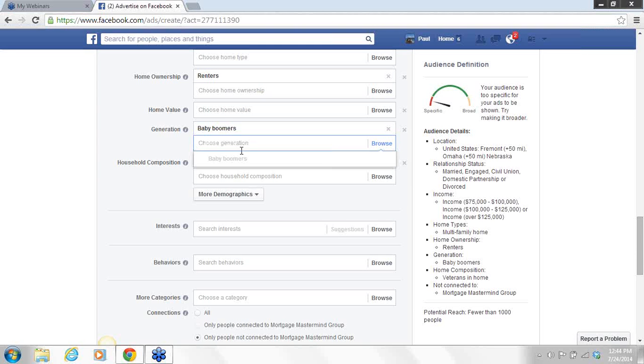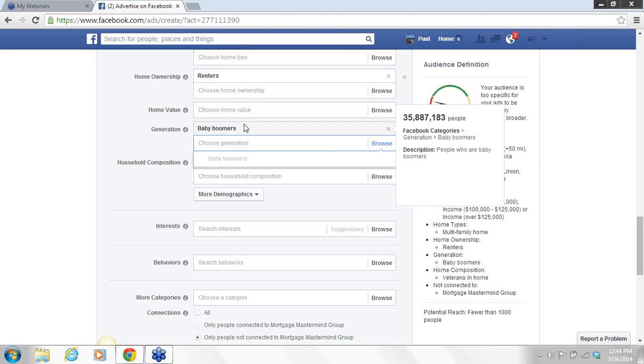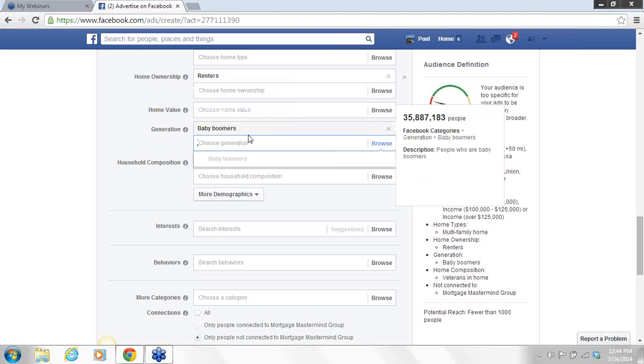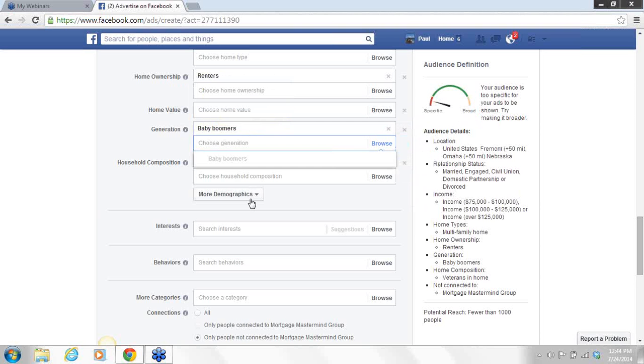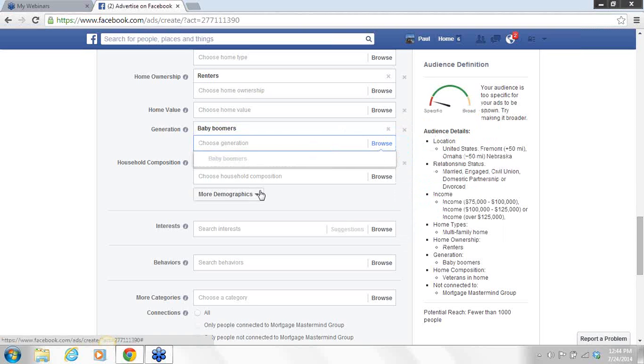That may be the only one they have in there. As a matter of fact, I think that is the only one they have in there, which is huge for those of us who are doing the reverse mortgage program. Under generation, baby boomers. That's exactly who your target is. Same thing with the veterans from before. That's exactly who our target is.